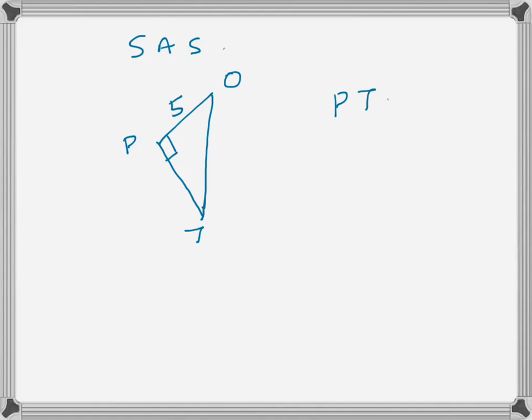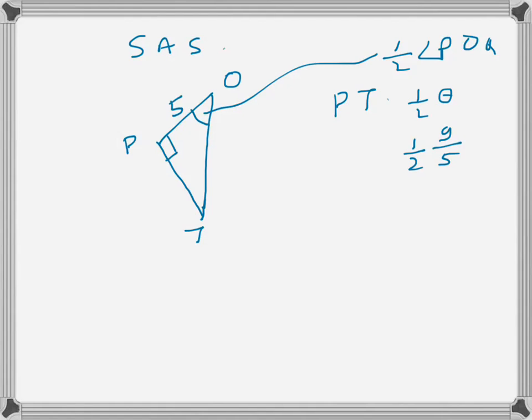This 5 centimeters we know. This angle we also know. It will be half of POQ, which is half of theta, which is half of 9 over 5, so 9 over 10 radian. That is the angle here. And this is a right angle.